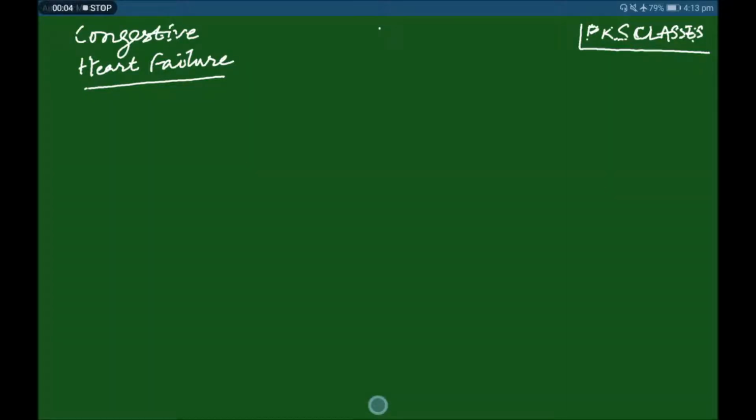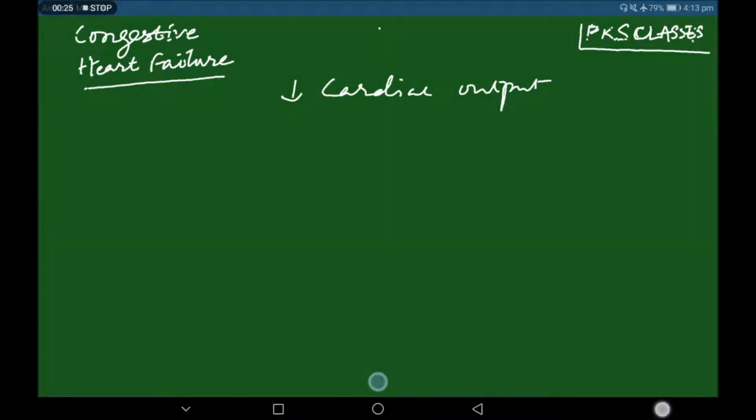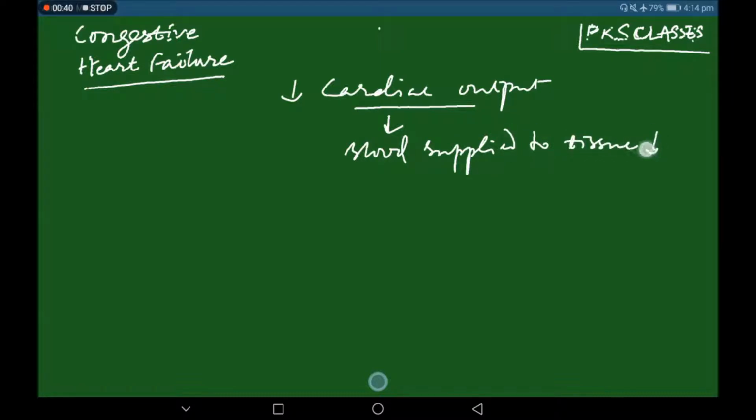Today we will study congestive heart failure and its treatment. Congestive heart failure is a condition in which the cardiac output is inadequate to meet the metabolic demands of the body during exercise, and ultimately at rest also the cardiac output decreases, so the blood supplied to tissues becomes less than their demand.